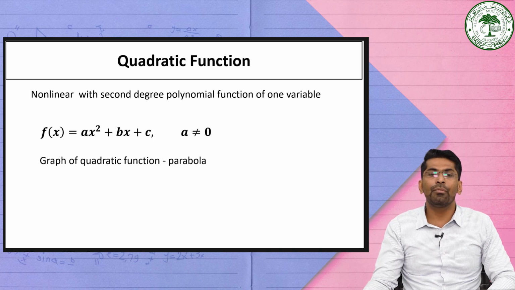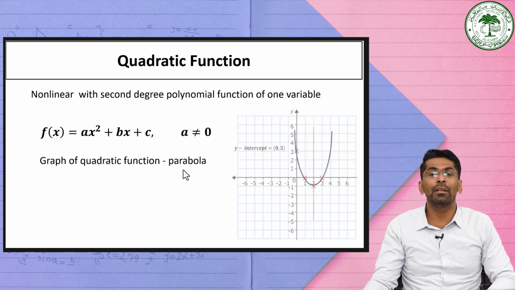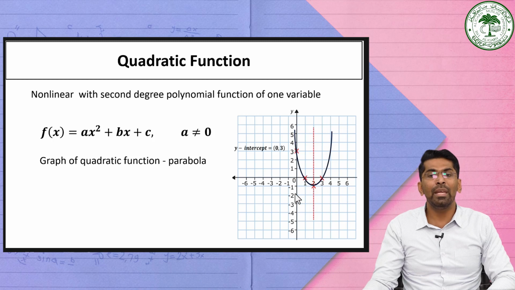So the graph of the quadratic function, if you go for drawing it, will look like a parabola, which is U-shaped or maybe inverted U-shaped. It will look like this. It is U-shaped, or maybe just the opposite of it, that is an inverted U-shaped curve in the Cartesian coordinate system.